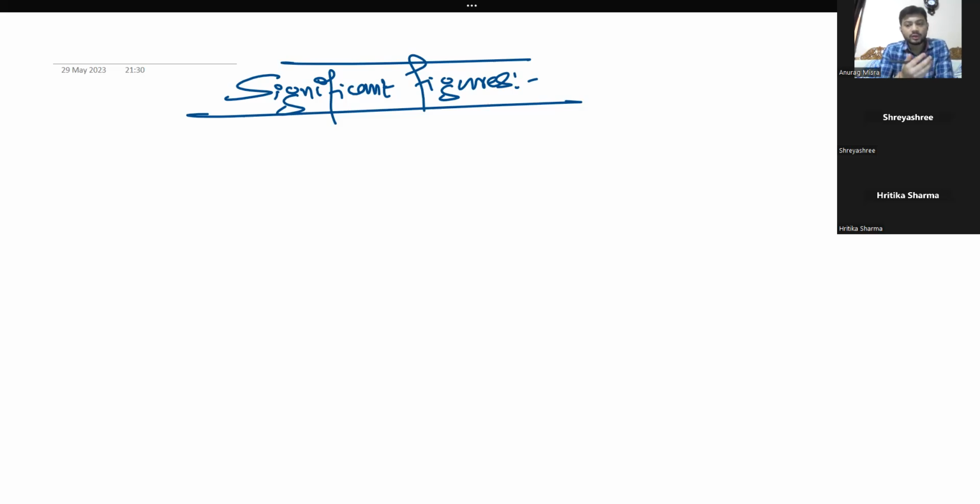Which digits are we sure about, and which are we not sure about, that idea is given by significant figures.